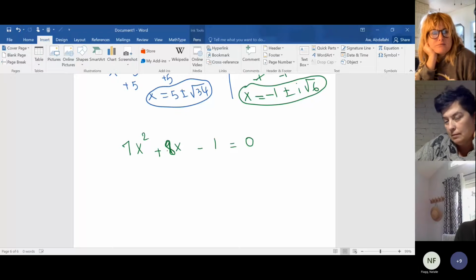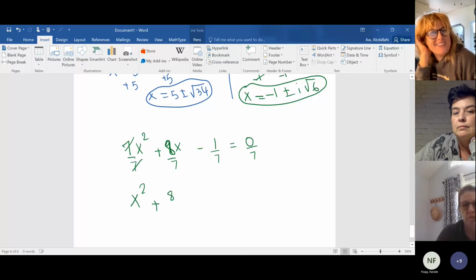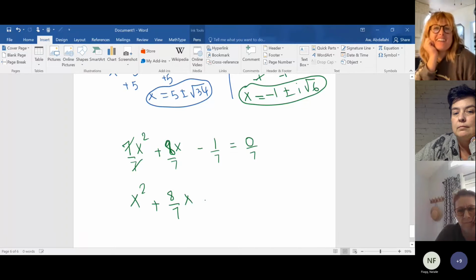But when I divide by 7, look what happens. I'm going to have some not very nice numbers: x squared plus 8 over 7x minus 1 over 7 equals 0.